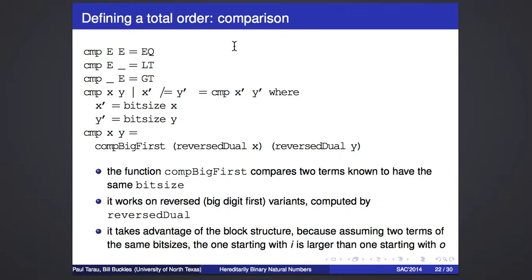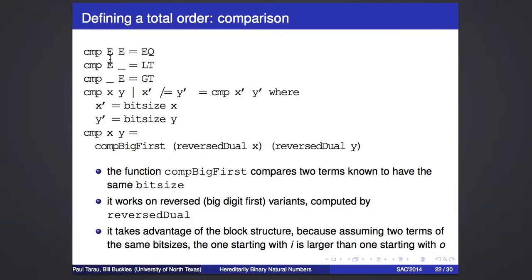Somewhat more interesting is comparison, which provides a total order on those trees. Equality comes for free. We could derive it because of structural equality: two terms are equal if and only if they have exactly the same structure. But to see that one is smaller than another, we need to recurse over their structure.